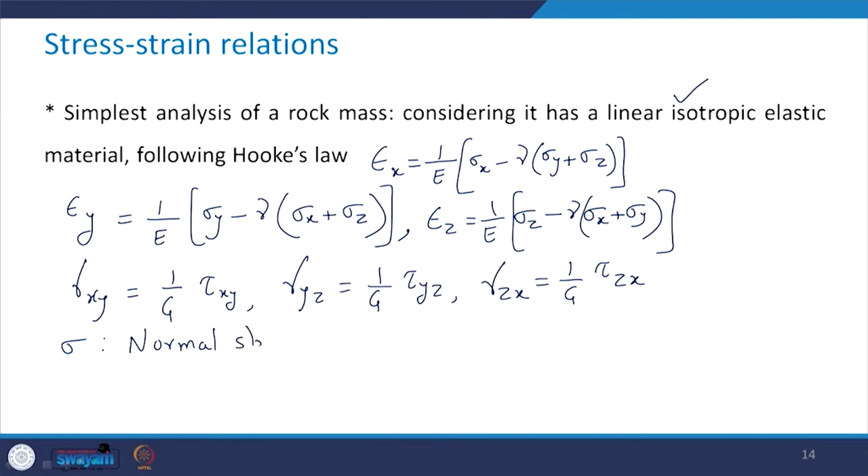where these sigmas give you the normal stresses, tau is the shear stress, epsilon is the normal strain, gamma is the shear strain.